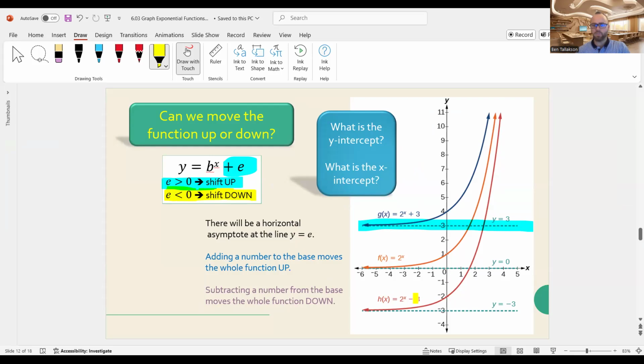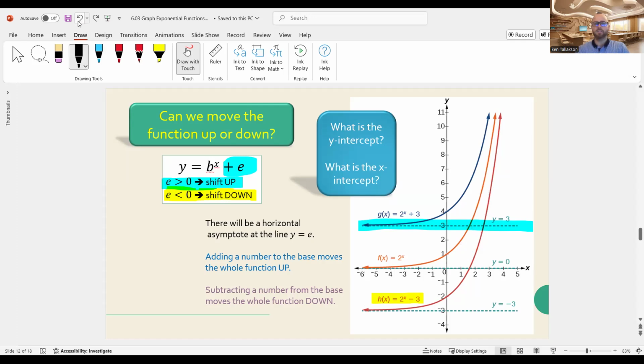h of x equals 2 to the x minus 3. Well, remember, the parent function had the horizontal asymptote at the x-axis, right? So if we're subtracting 3, every point is going to move down 3. We're moving down 3 every single place, okay? All right, and the same train of thought with the other option.